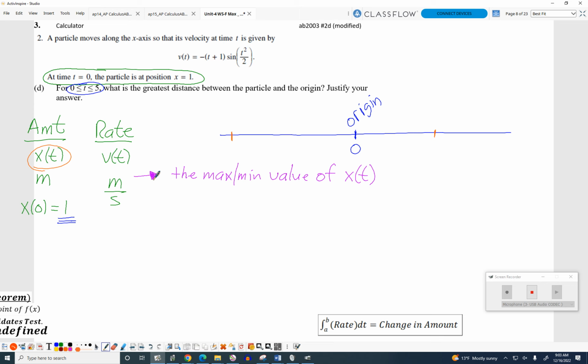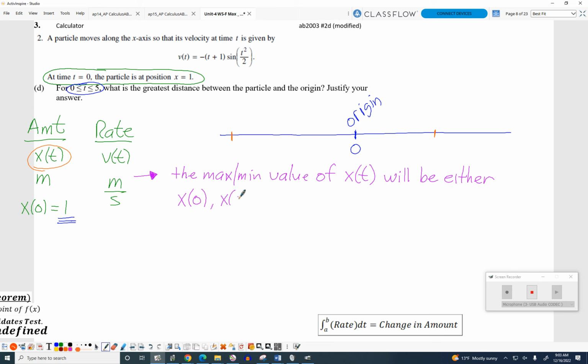The maximum value of x of t is at, or will be, either the position at the beginning of the time period. What comes after that, Jacob? Or x of 5. There we go.